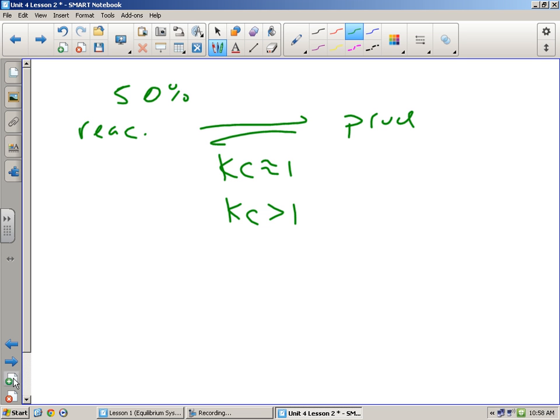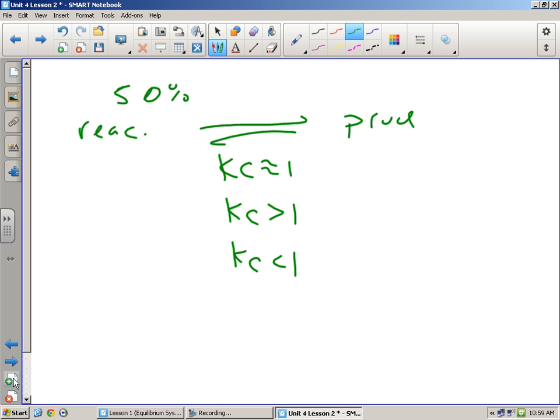And if the Kc value was less than 1, we know that the reactants are favored. So probably most of the reactants stay as they are. For example, if we had H2 and N2 to give me NH3, most of that would probably stay as H2 and N2.